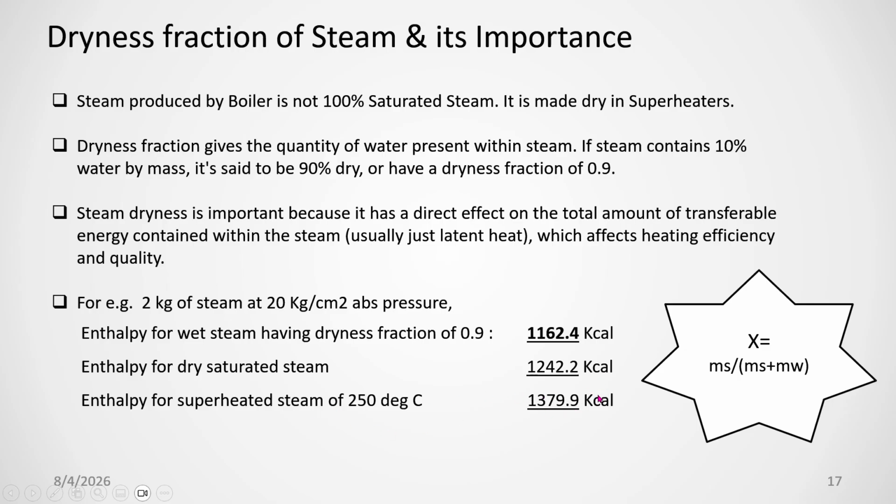For dry saturated steam it is 1242, and for superheated steam at 250 degrees centigrade, 1379. So superheated steam enthalpy is more, dry saturated steam is less, and wet steam is further less. The dryness fraction is the mass of steam divided by the mass of steam plus water.